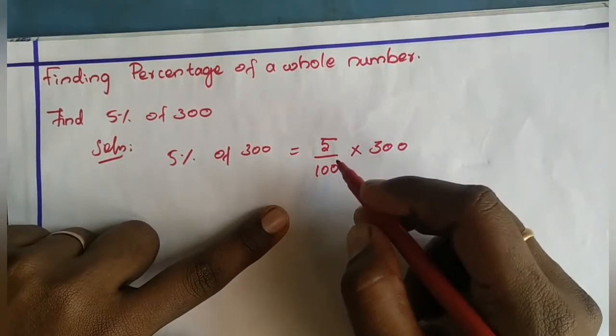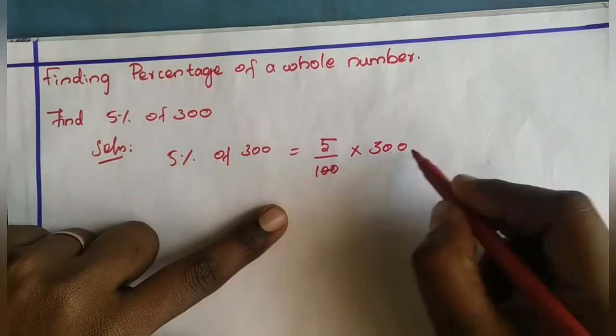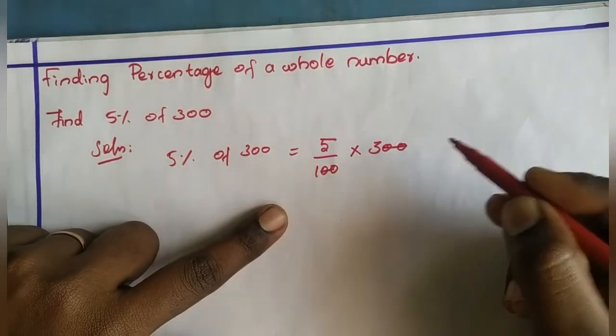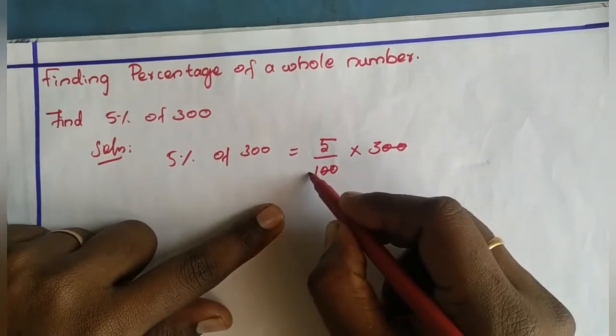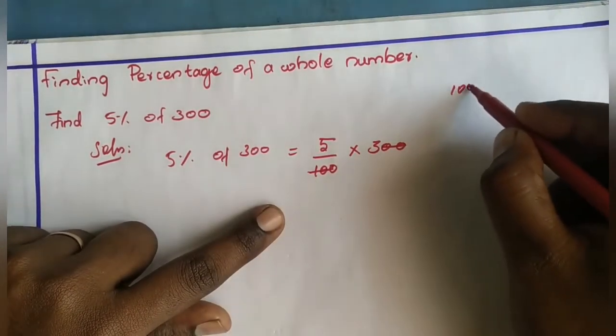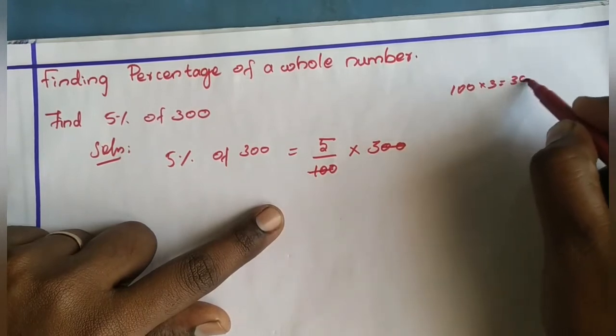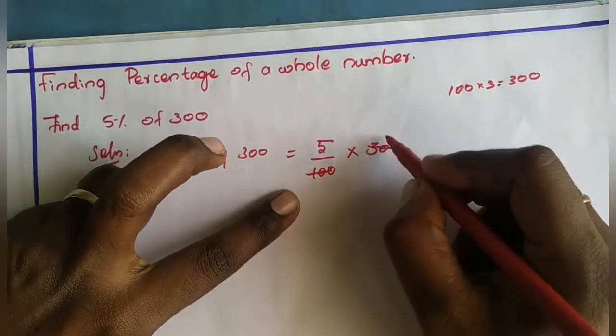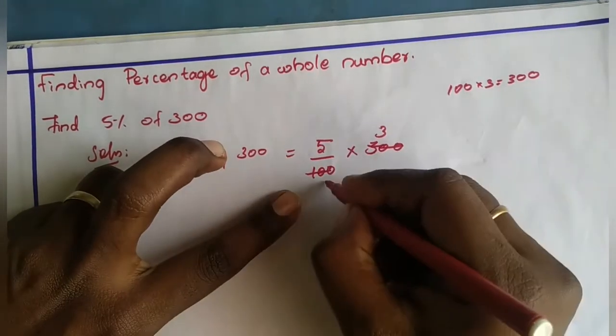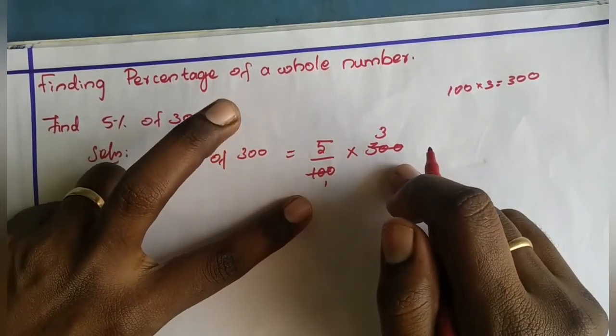Or do the calculation like this: 100 into 3 gives you 300. It's very simple. So what will come here? 3 is the answer.